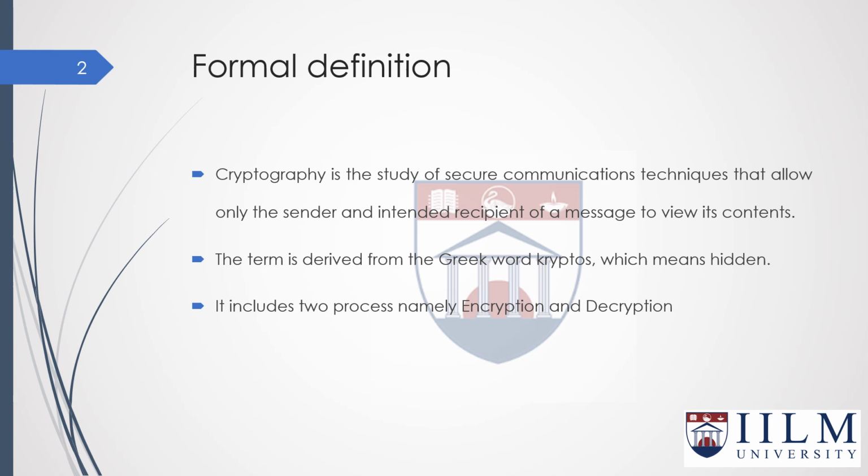If we break the word cryptography, graph means a picture and crypt means to hide. So if we hide some data in a picture and the picture is sent from the sender to the receiver, the receiver can get the data in the form of a picture, and the data can be hidden behind that picture.